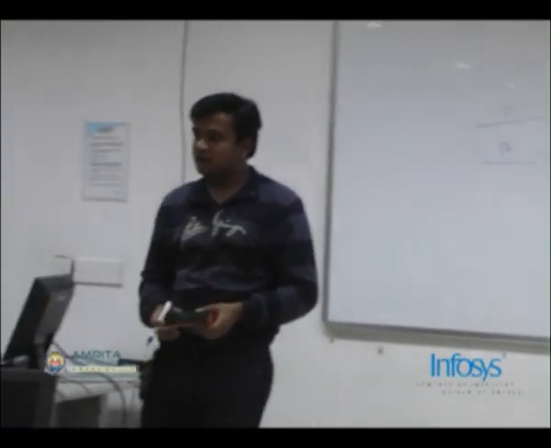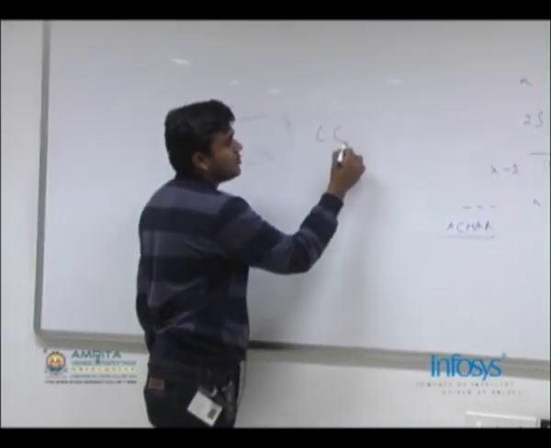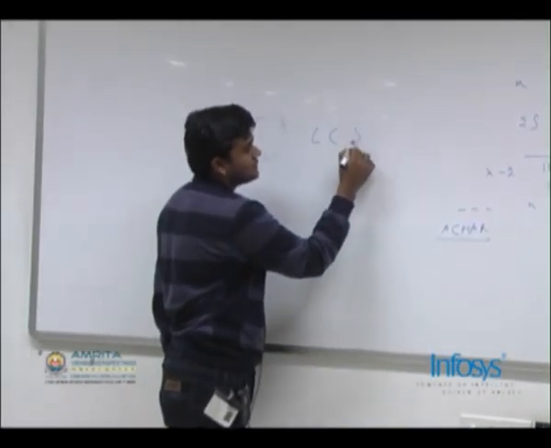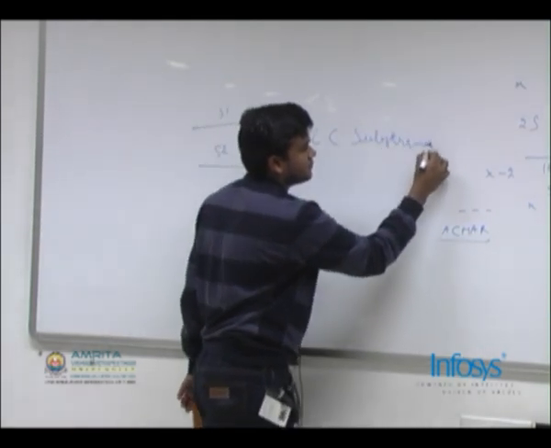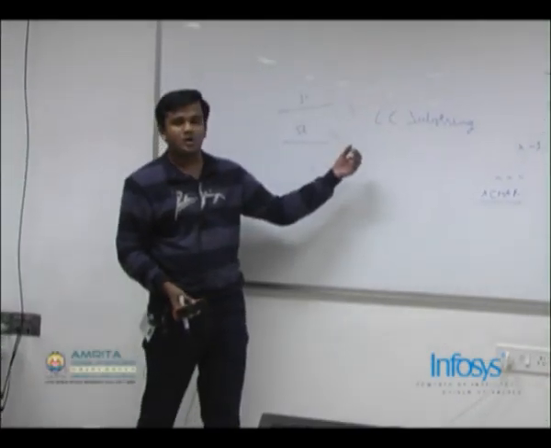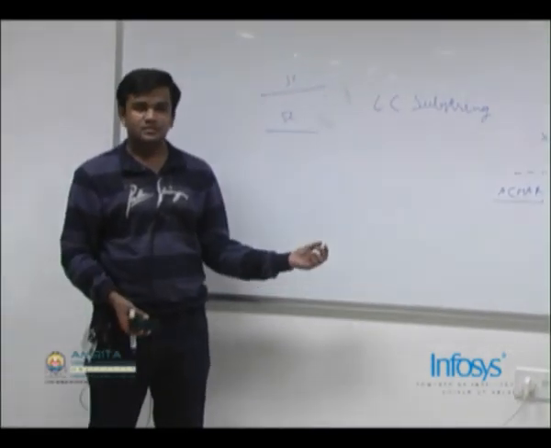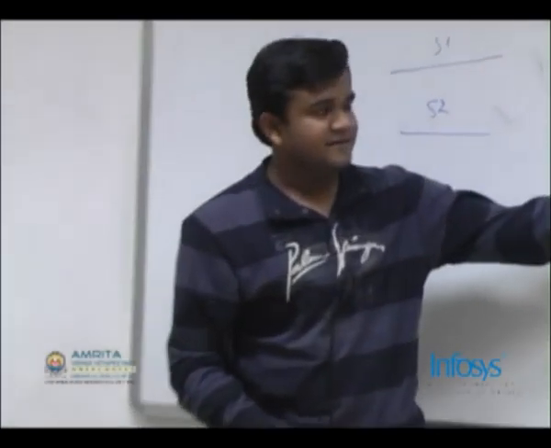I want to find out the longest common substring. You guys would have seen a solution for longest common subsequence in the lecture on dynamic programming. This problem is different.